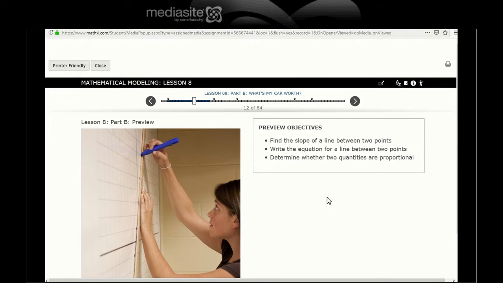As part of this video we will be finding the slope of a line between 2 points, writing the equation for a line between 2 points, and determining whether two quantities are proportional.